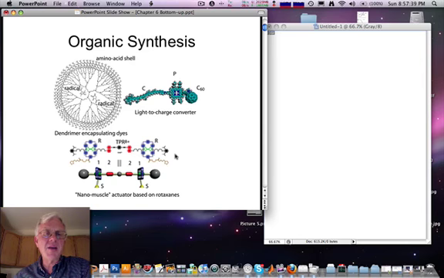Down here is a molecule that its inventors called a nanomuscle. The reason for this is these rings here are free to slide on these chemical spindles, and this group in the middle has a charge that can be changed by the local chemical environment. So depending on the charge here, the rings can either be pulled towards the middle or pushed apart.